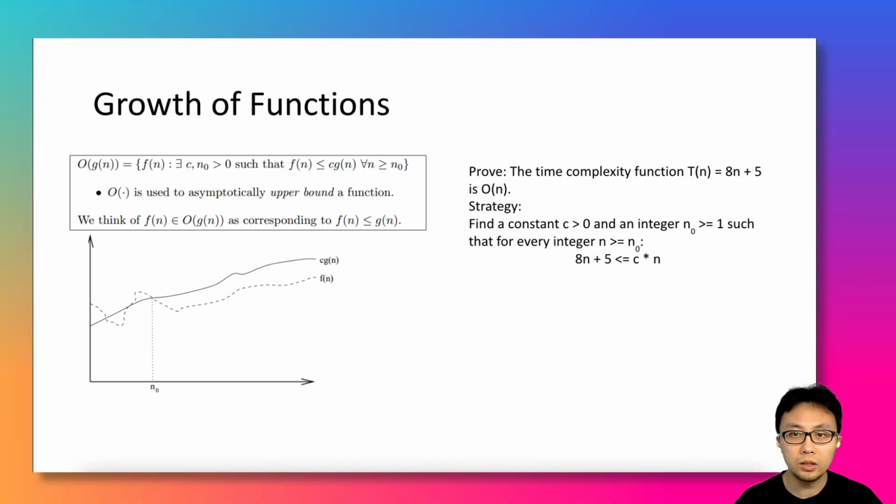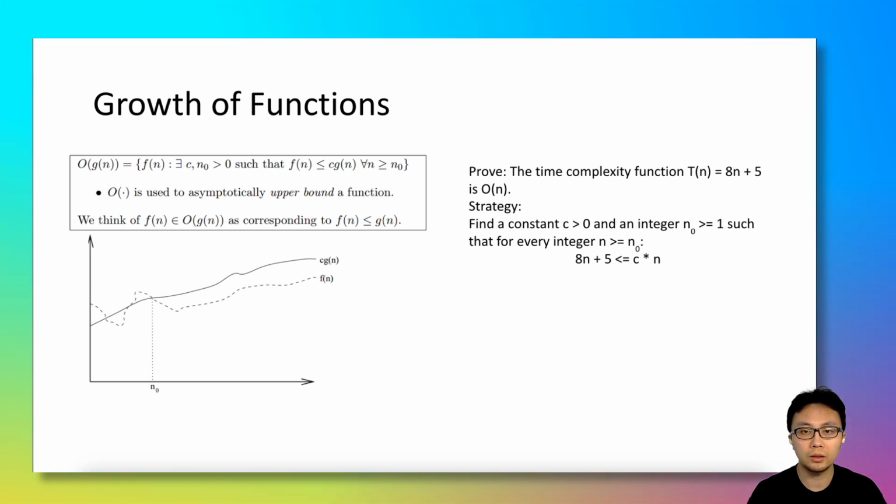To prove this, we will stick to the definition of the upper bound. To cast the upper bound definition to this question, all we need to do is to find a constant number c and a specific input size n0, so that 8 multiplied by n plus 5 will always be smaller than or equal to c multiplied by n when the input size n is bigger than n0.